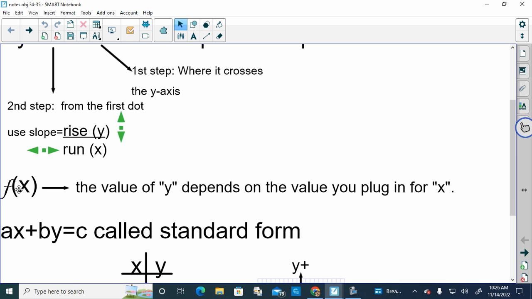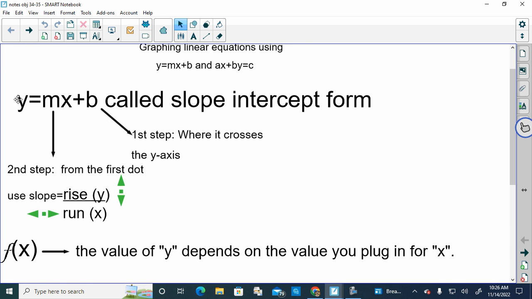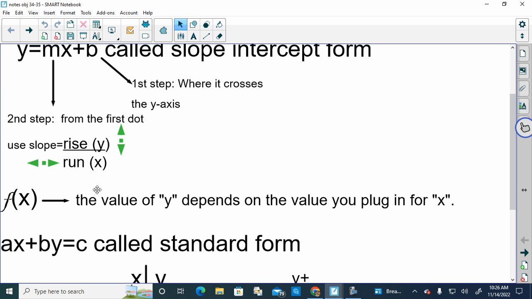And everybody's like, oh, what is that, f of x? f of x is really just your y, okay? They put the f of x there, because whatever that number's going to be depends on what you're plugging in for x, okay? So just think of that as your y. If they had f of x equals and then this, it's the same thing as having a y. So the value of y depends on the value you plug in for x.